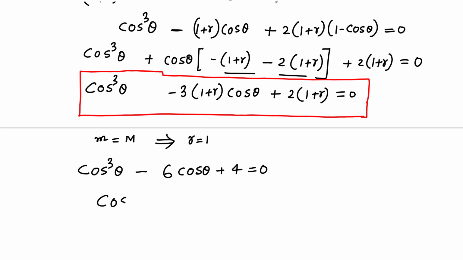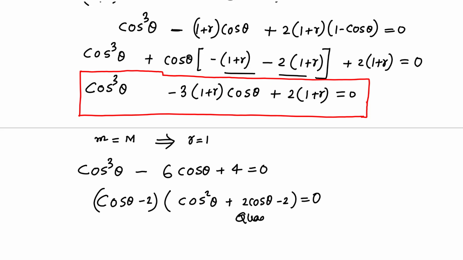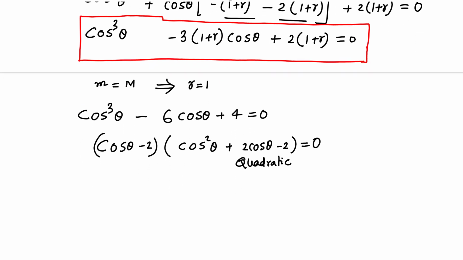So basically we can further factorize it: cos theta minus 2, and the second factor will be cos squared theta plus 2 cos theta minus 2 equals 0. Now this is again a quadratic equation, so we can find the solution. Cos theta equals 2 is not a possible solution.